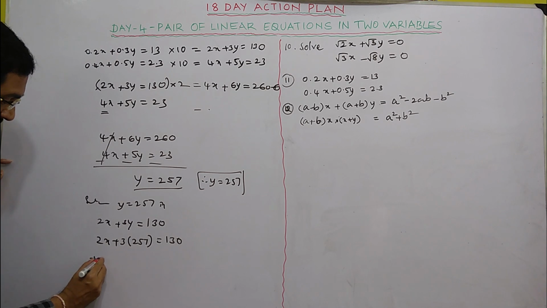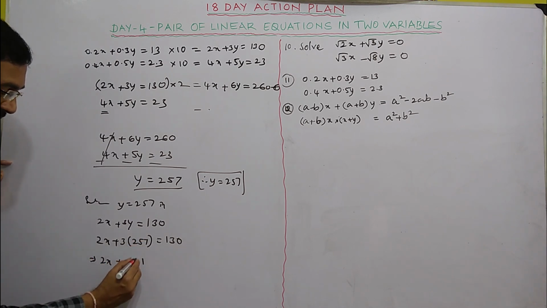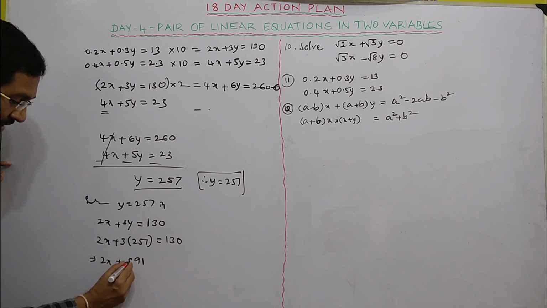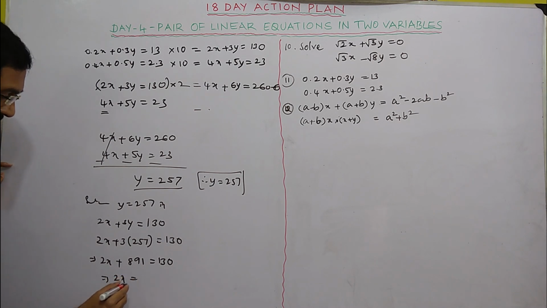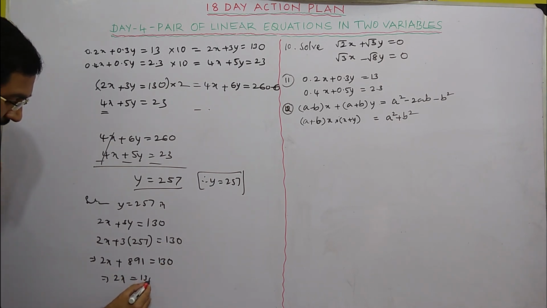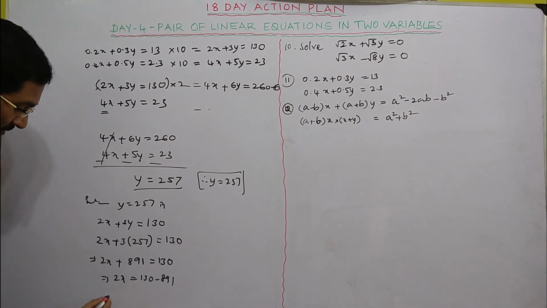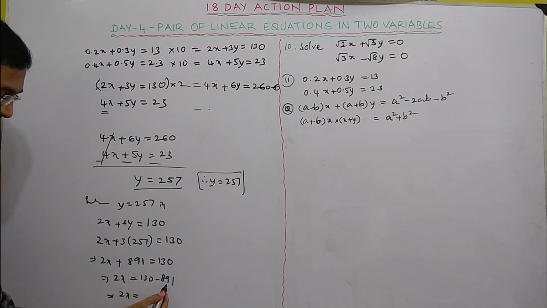So this becomes 2x plus 9 is equal to 13. Now 2x is equal to, this goes to that side, 13 minus 9, in the sense 2x is equal to 4. So x is equal to 2.